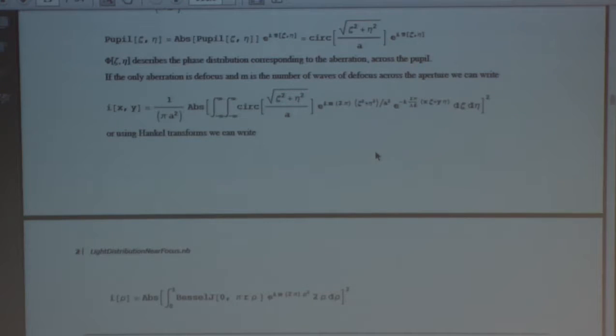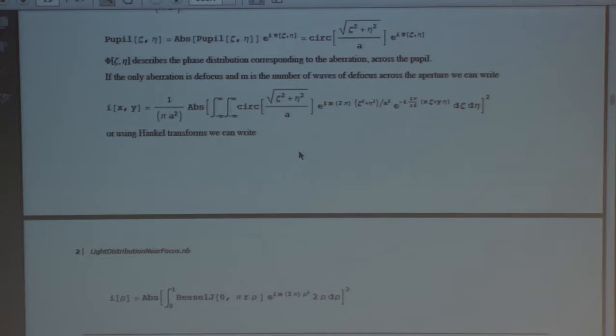And so if the only aberration I have is defocus, then this is just some quadratic phase factor here. And so I can write this as e to the i m times 2 pi. m is some number. It may be an integer, it may not be an integer. And then we'll have the square of whatever coordinates we're using in the pupil plane and normalize that, dividing that by a squared.